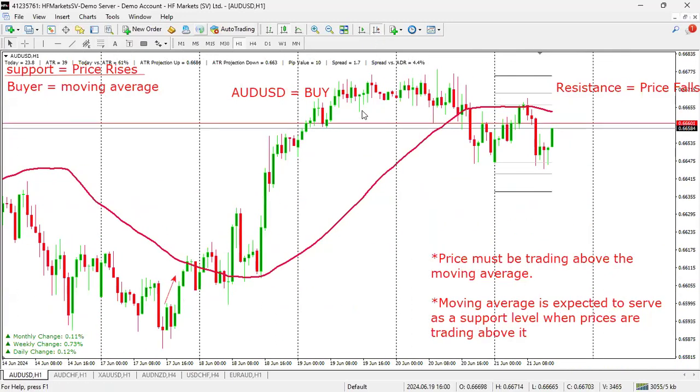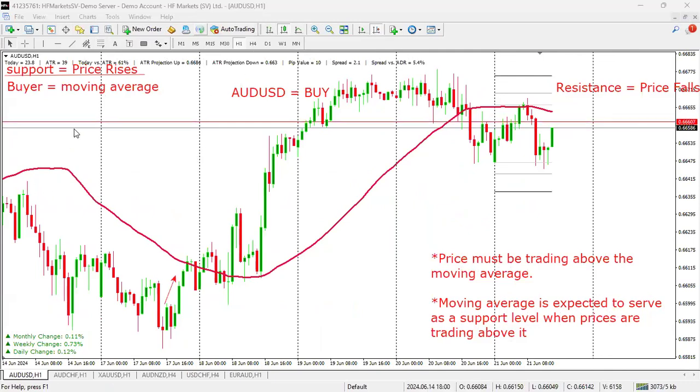Now, imagine if you wanted to buy AUD USD and then price crossed above the moving average here. Do you know that the moment price retraced back to the moving average, what the moving average did here was to serve as a support level for price?